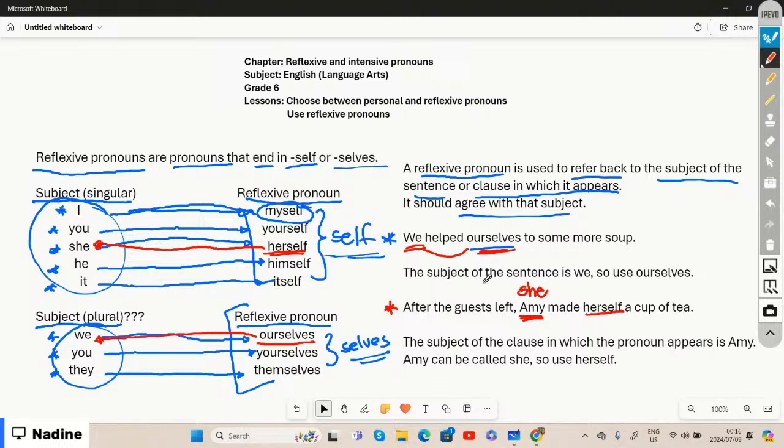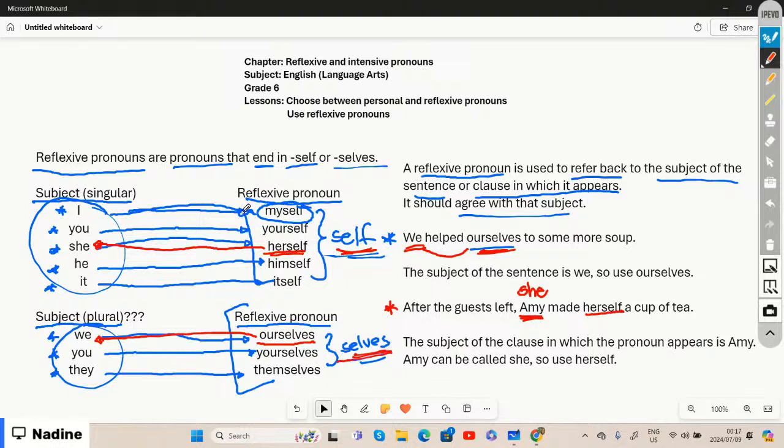So once again, we have singular subjects as well as plural subjects, right? When we have a singular subject, then our reflexive pronoun will end in self. And if we have a plural subject, then our reflexive pronoun will end in selves.